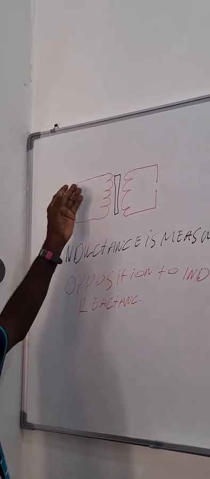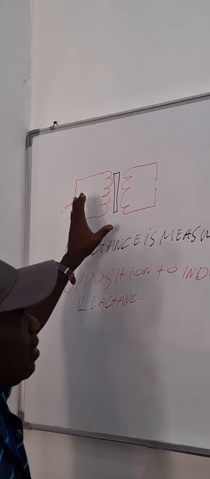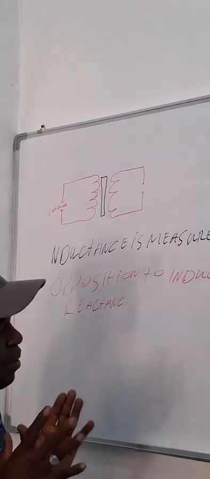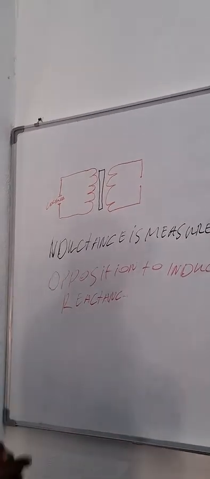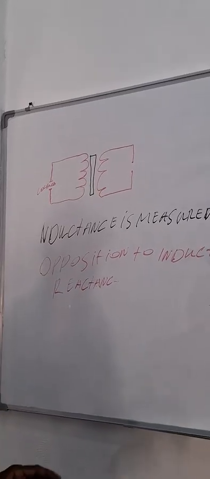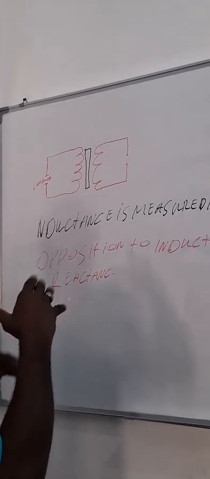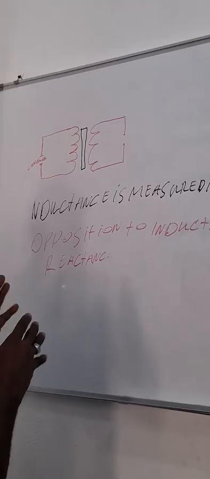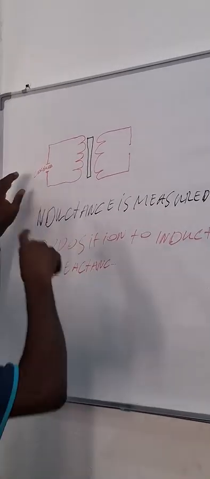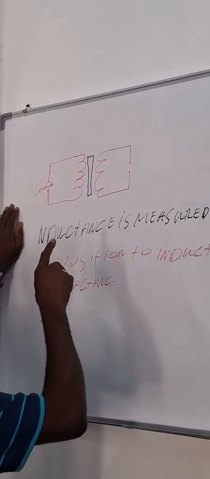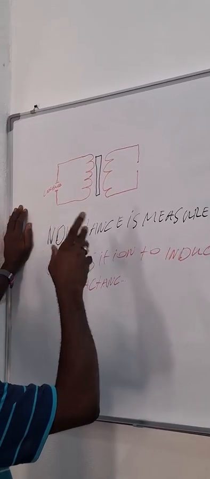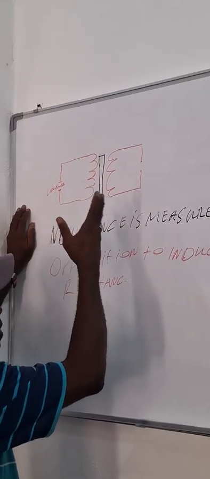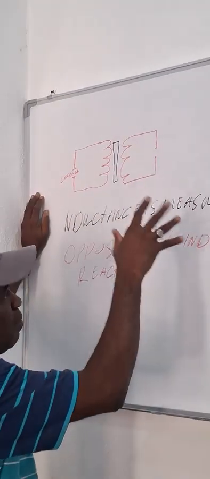If you follow the principle of Lenz's law and Faraday's law, where electromagnetic induction is concerned, you can see the role an inductor plays. It's really just a coil of wire wrapped around, and it can be a metal of low permeability.